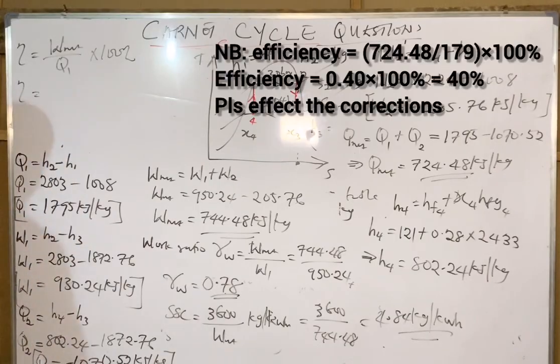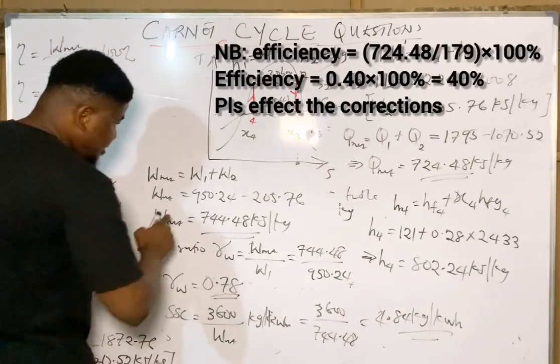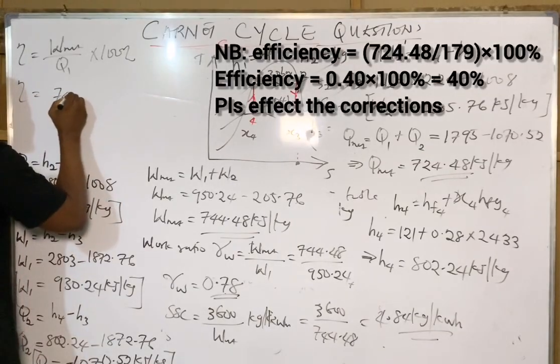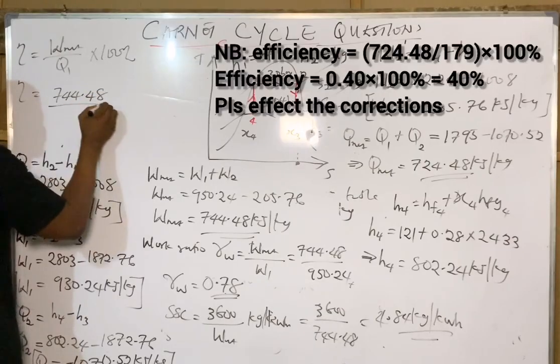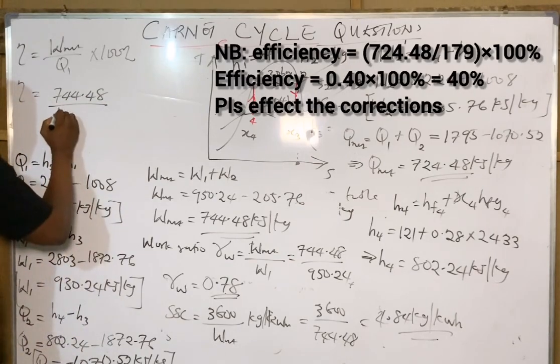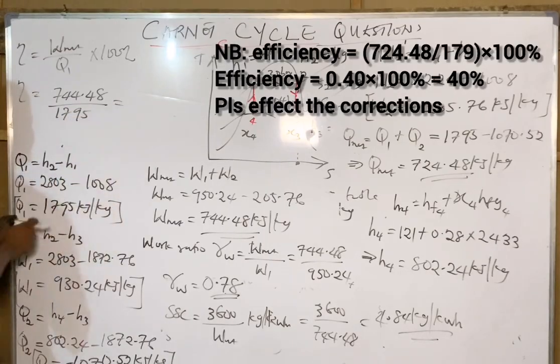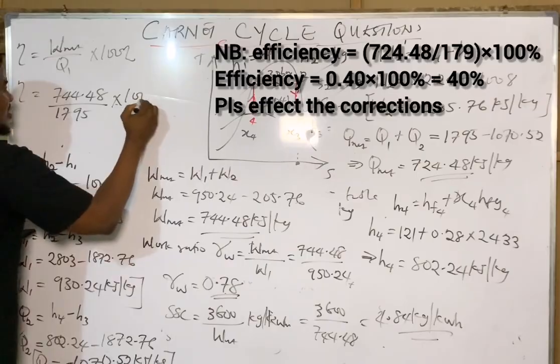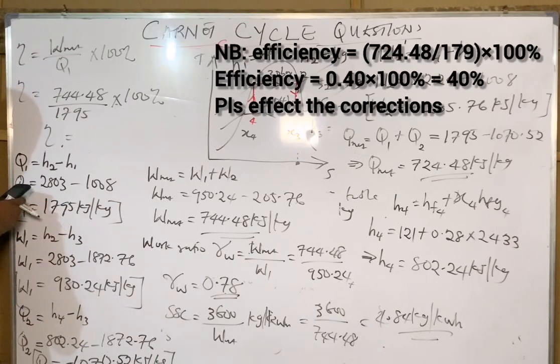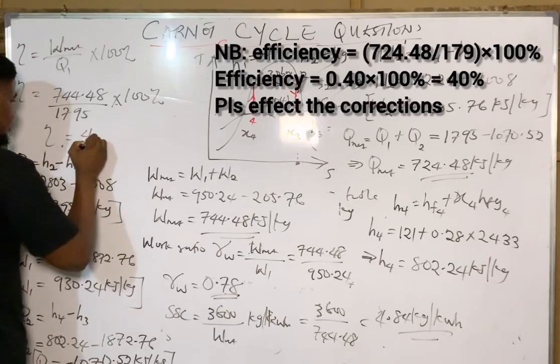So the efficiency becomes our net work, 744.48, divided by heat supplied, Q1, which is 1795, multiplied by 100%. So efficiency is equal to 744.48 divided by 1795. So efficiency is approximately 41.5%.